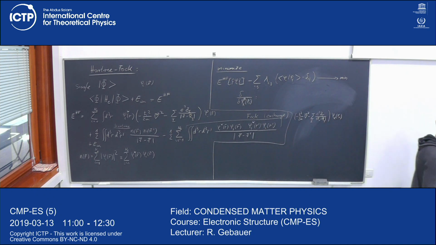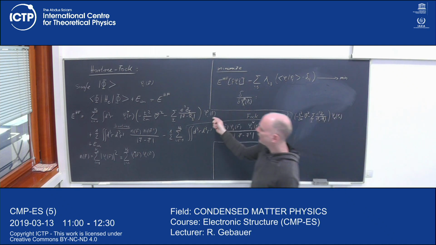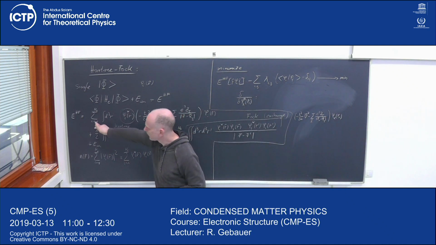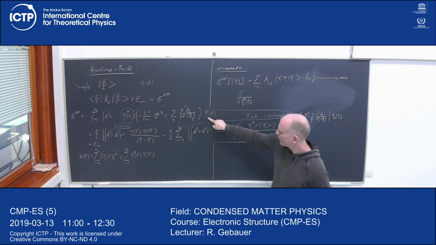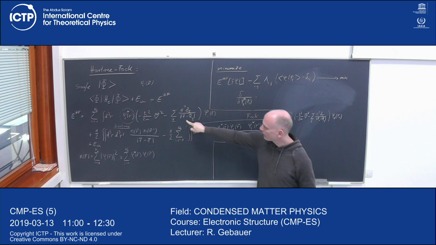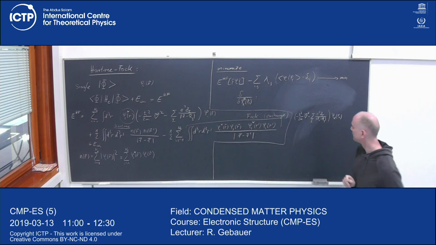This is one of the terms which appear. I've simply taken this line and derived it with respect to this. The sum and the integral go away. We are left with this taken at the position i equals k and r equals r1.